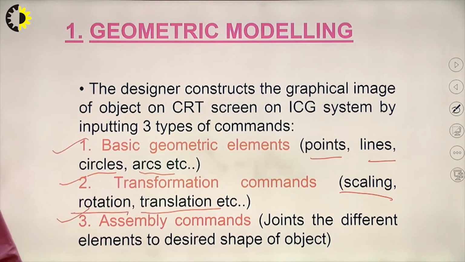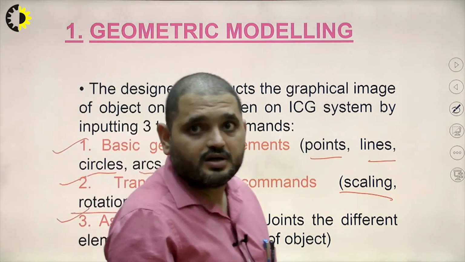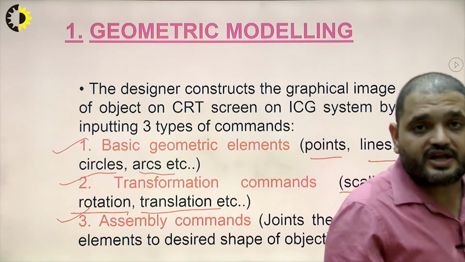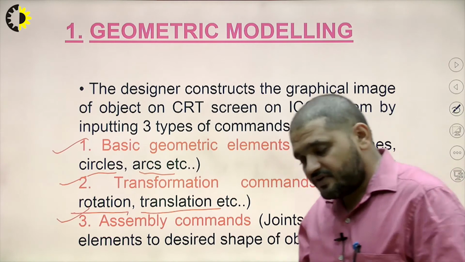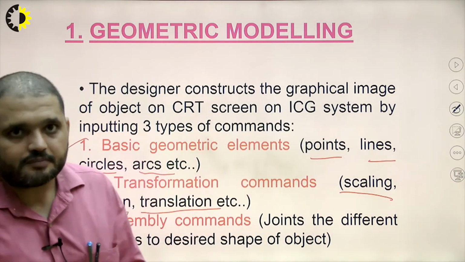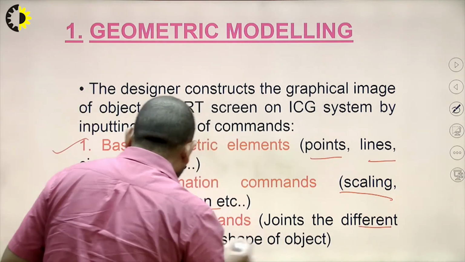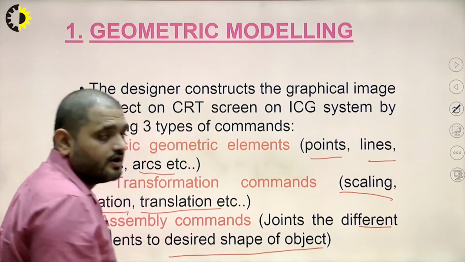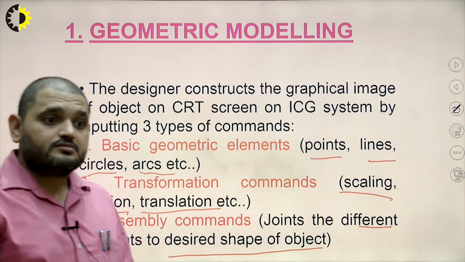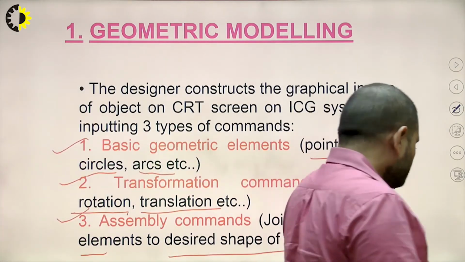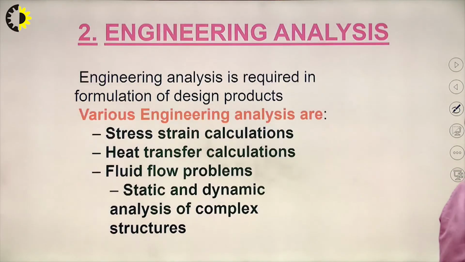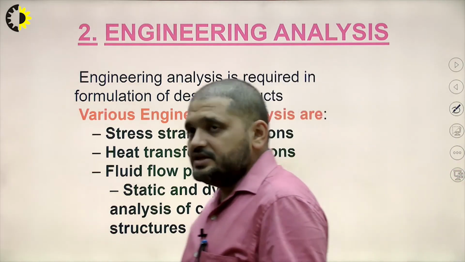We will learn how the transformation is done, scaling, rotation, translation, later in this first unit. Third is assembly commands, like joining different elements to the desired shape of the object. We will also learn the techniques for assembly.